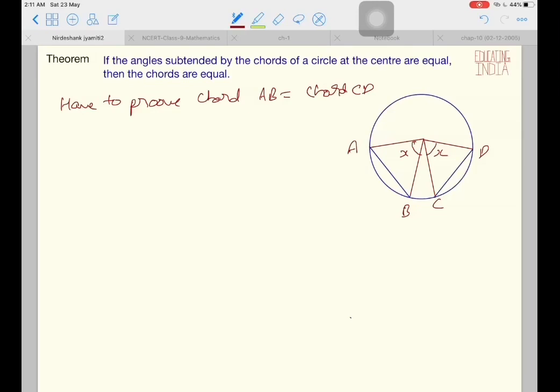Suppose this is the center O. Now we have two triangles, OAB and OCD.